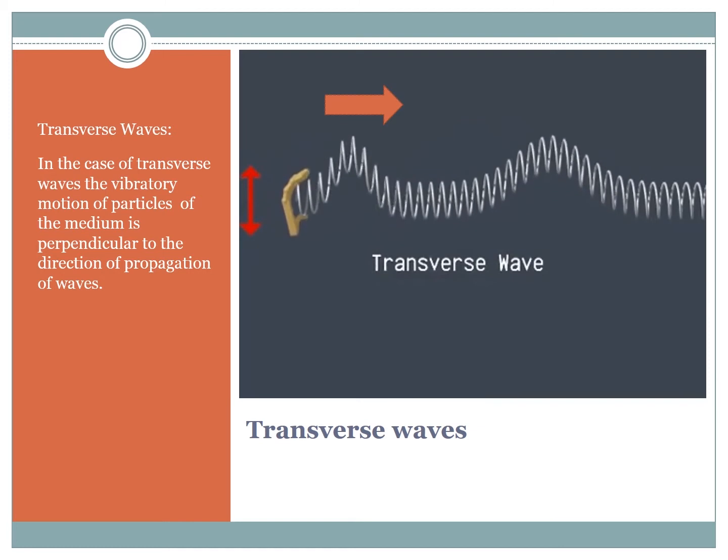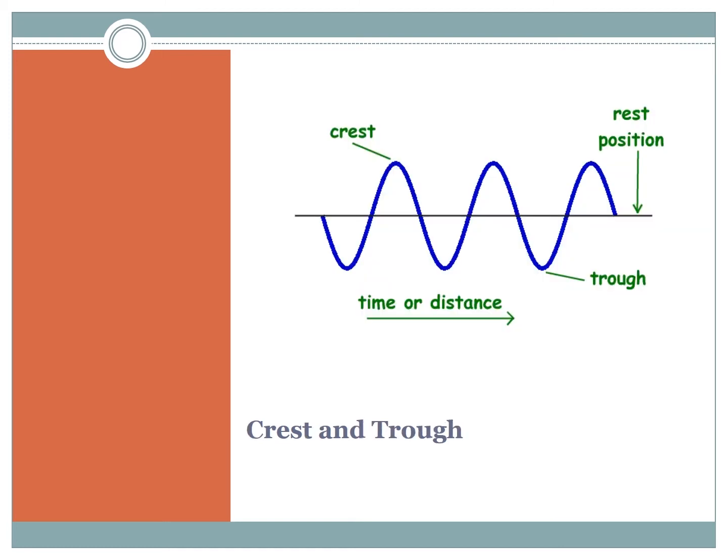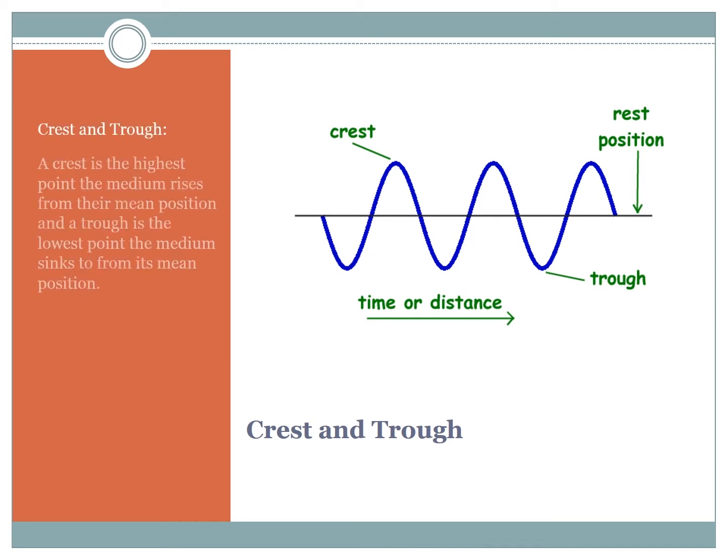Now moving towards the characteristics. The first characteristic I am going to discuss is crest and trough. A crest is the highest point of the medium, rising from its mean position, and a trough is the lowest point of the medium, sinking from its mean position.